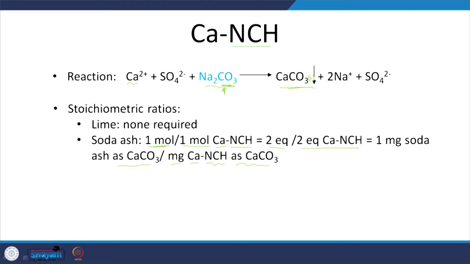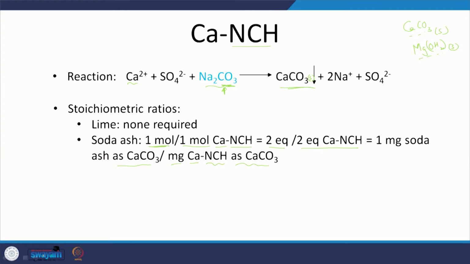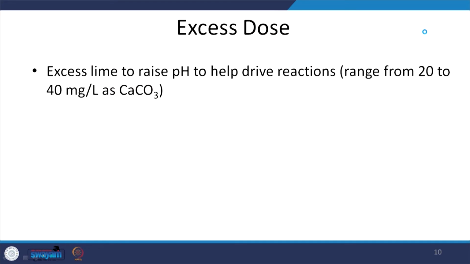In general, if you are not able to remember, just understand that we are trying to remove CaCO3 solid and magnesium hydroxide solid, and then you can just try to see how much of soda ash or how much of your lime has to be added to be able to precipitate this out, and then you will get the relevant equivalents, right? So let's see if we can summarize that.